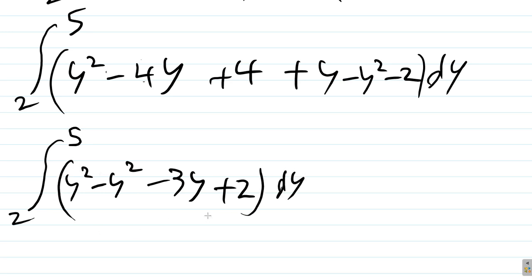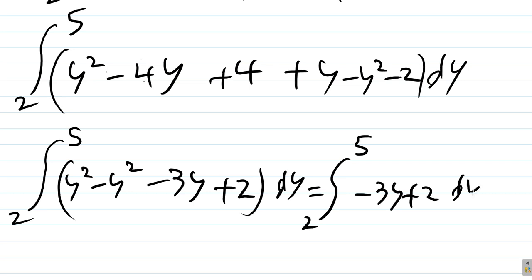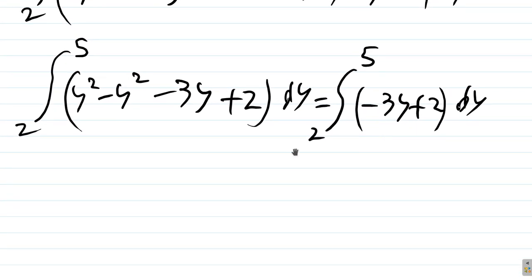All of that dy equals the integral from 2 to 5 of y squared minus y squared. That's gone. So it's minus 3y plus 2 dy. Alright.